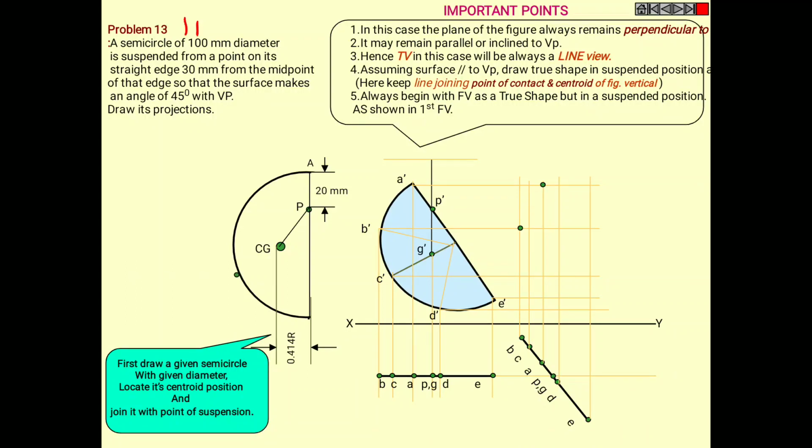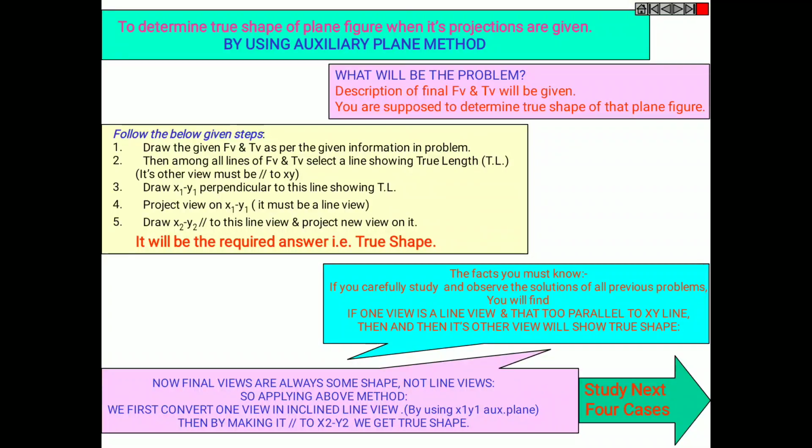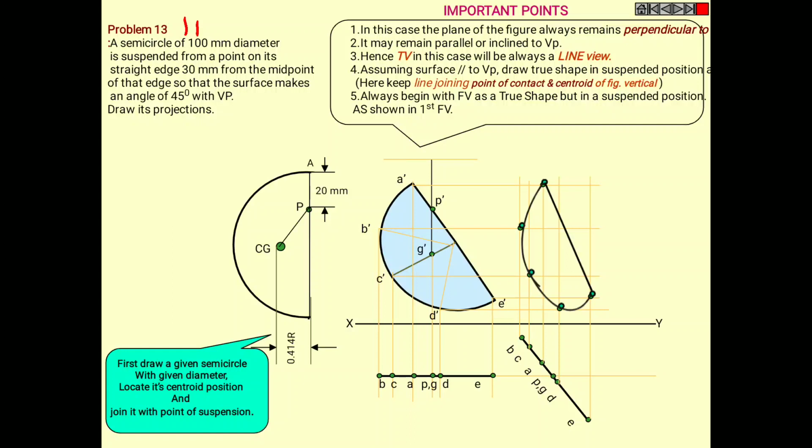A, B, that's your C, C to C, that's your D to D, and G to E. Join all the points smoothly in order to get your required true inclination. So is it clear? Take a minute.